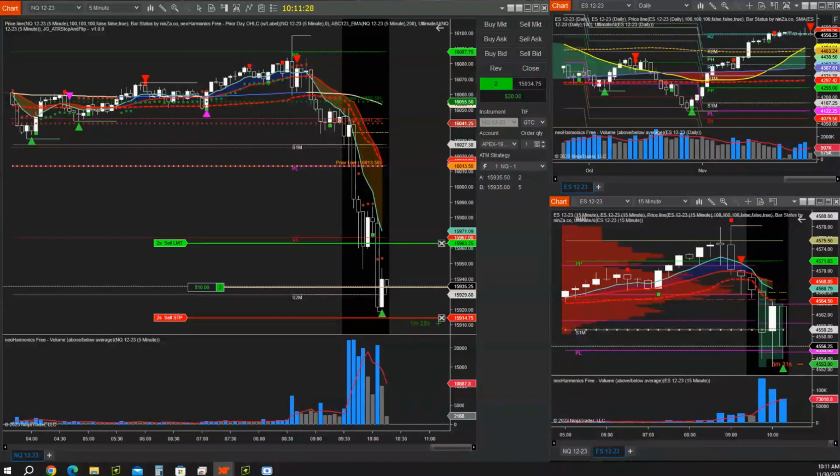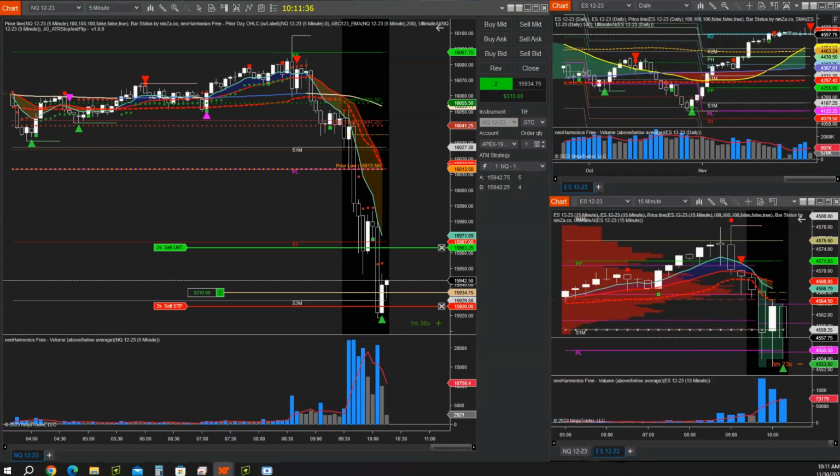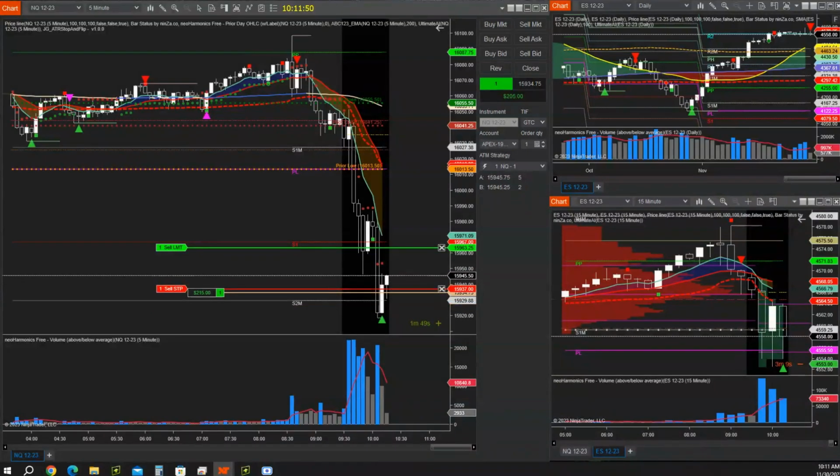I'm going to keep my stop tight. I like to scale out. All right, 280. I'm going to get out one there. I'm going to let the other one run, hopefully. I want to make sure I have profit in this trade.